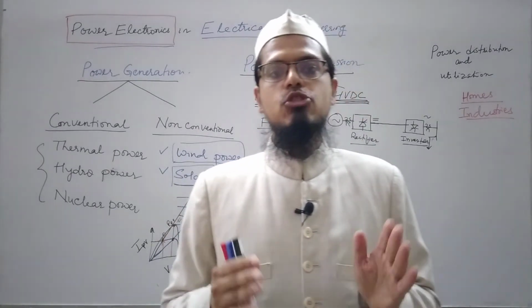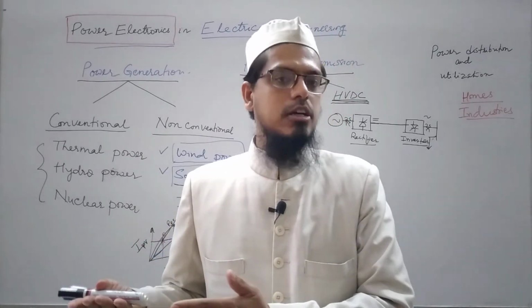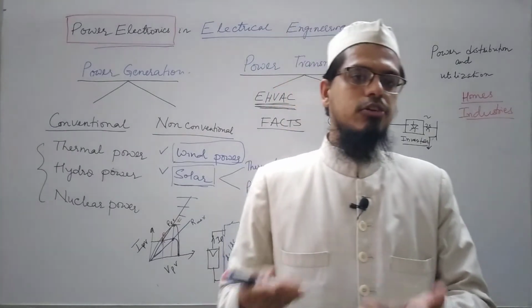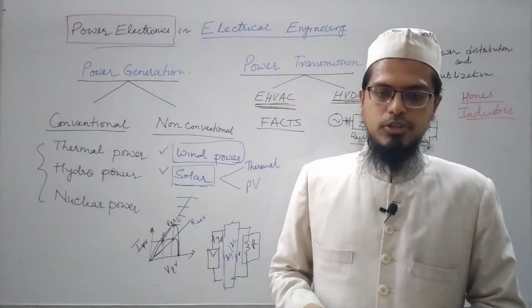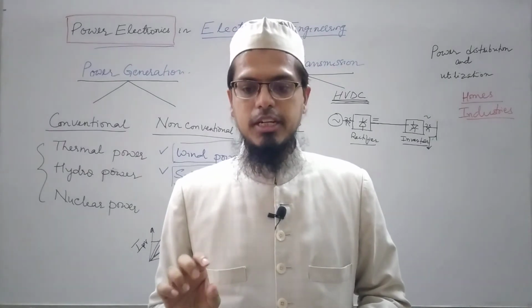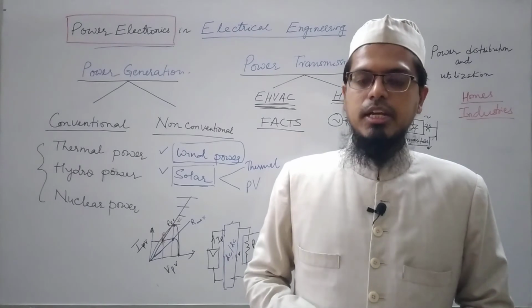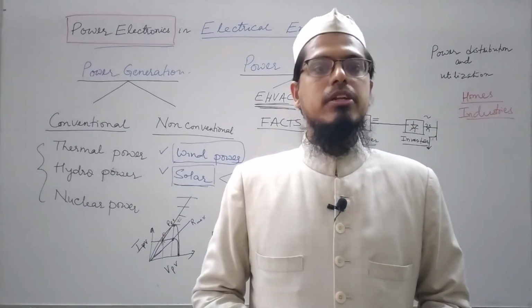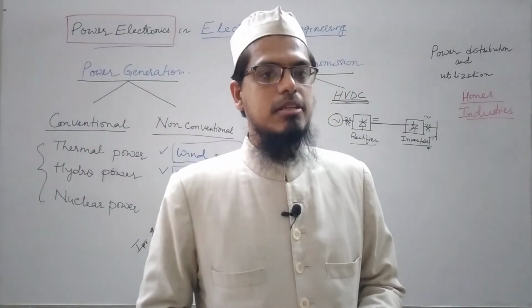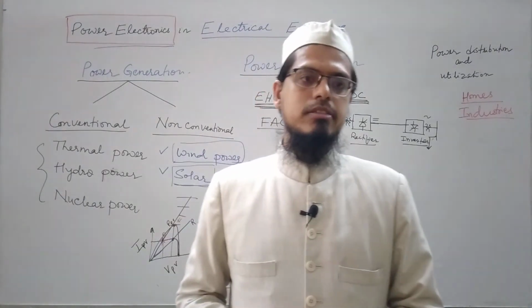So that needs to be converted into DC form, then only we can charge the battery of the mobile or the laptop. Here comes again the role of power converters, normally rectifiers. What you call the chargers of the mobile are nothing but rectifiers which convert the AC supply into suitable DC supply to charge the batteries.